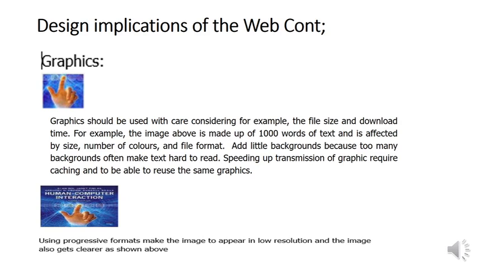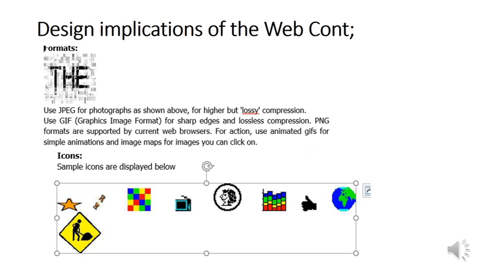Using progressive formats makes the image appear in low resolution, and the image also gets clearer, as shown below. Use JPEG for photographs, as shown above. For higher but lossy compression, use GIF, graphic image format.